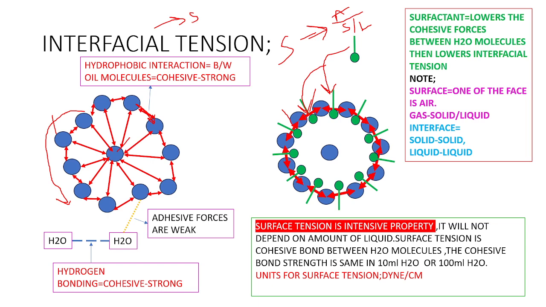The interface is between solid and liquid, liquid and liquid, or solid and solid; solid in liquid is the case of suspension, and liquid in liquid is the case of emulsions. So this is about the surface and interfacial tension concepts, very important for the GPAT.